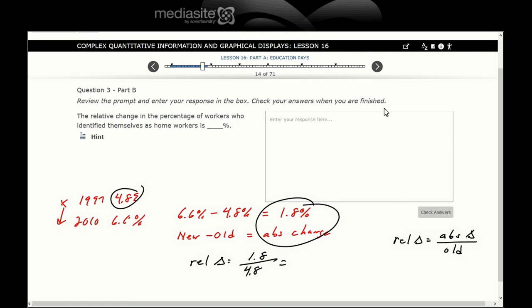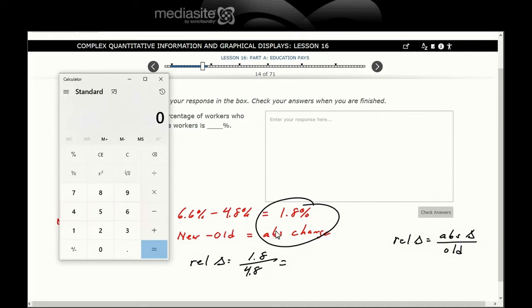We start from 4.8. 1.8 divided by 4.8 is 0.375.